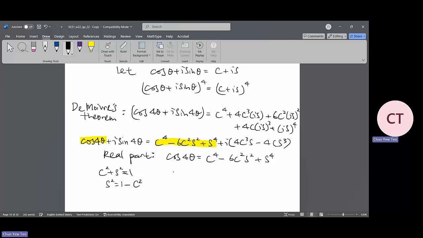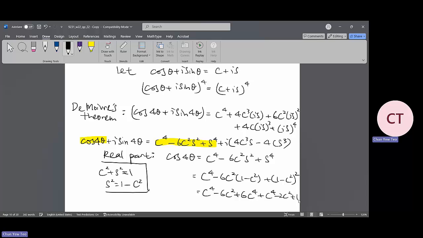So these expressions can be written like this. Expand: C to the power 4 minus 6C squared times (1 minus C squared) plus (1 minus C squared) squared, which gives C to the power 4 minus 6C squared plus 6C to the power 4 plus C to the power 4 minus 2C squared plus 1.